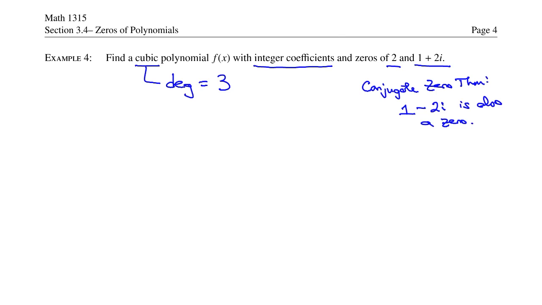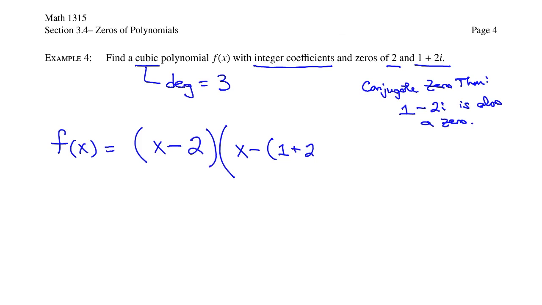So the trick to creating the cubic polynomial is to first write this in the linear factorization order. So this is going to be x minus 2 from the 0 that is x equals 2 times x minus 1 plus 2i times x minus 1 minus 2i.